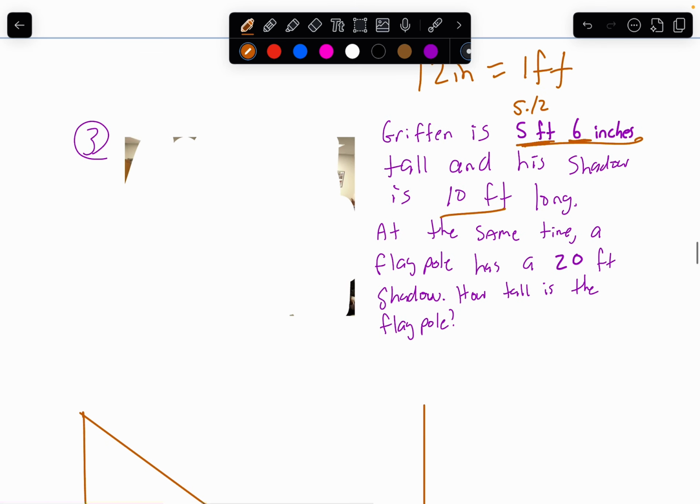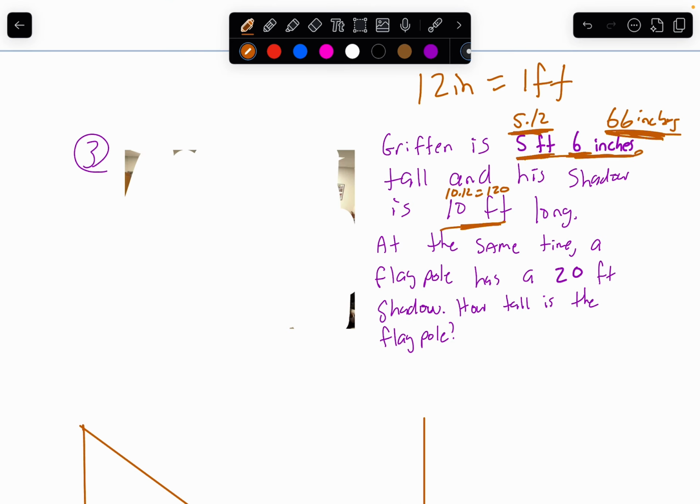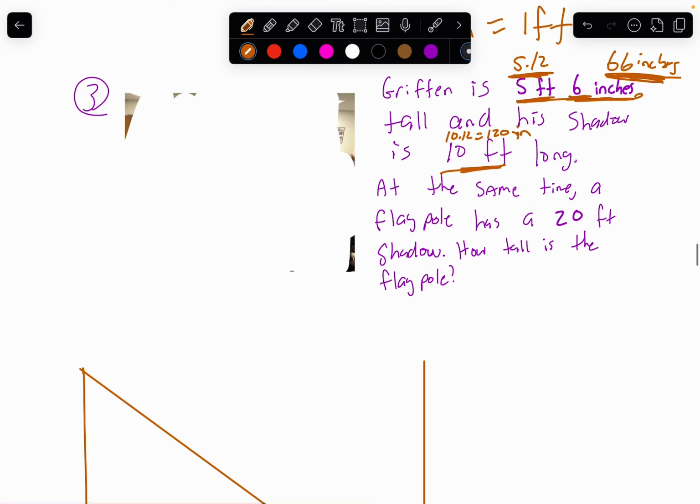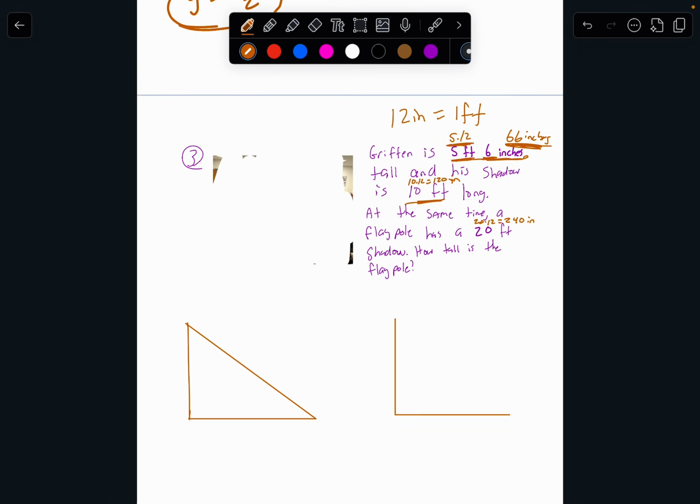So Griffin, I'm going to rewrite as being 66 inches. 5 times 12 is 60, plus another 6 inches. He is 66 inches. All right. And his shadow is 10 feet. I'm going to make that inches. 10 times 12 would be 120 inches. Down here, the flagpole is 20 feet. 20 times 12 would be 240 inches.